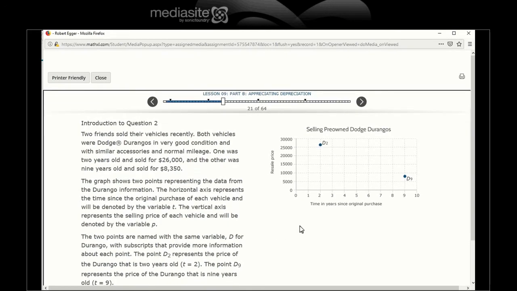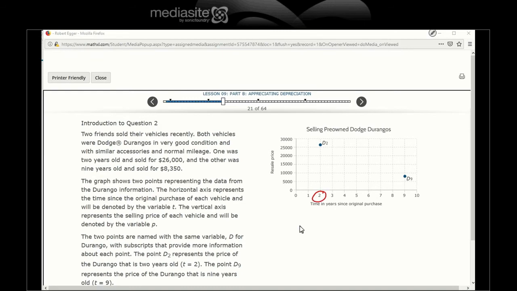What we have here, intro to question 2. Two friends sold vehicles recently. Both vehicles were Dodge Durangos in very good condition and with similar accessories and normal mileage. One was 2 years old and sold for $26,000.